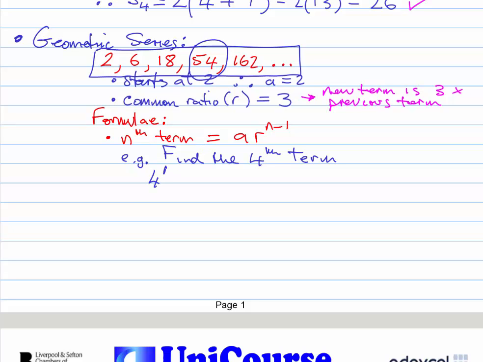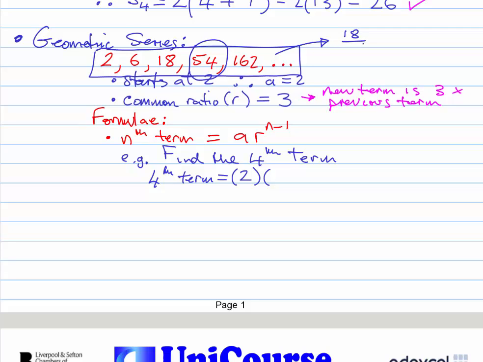So we can start writing then the fourth term equals, and we're just using the formula A R to the n minus 1. A is the first term, which we know is 2. R is our common ratio, which we know to be 3. And we can find out what the common ratio is.